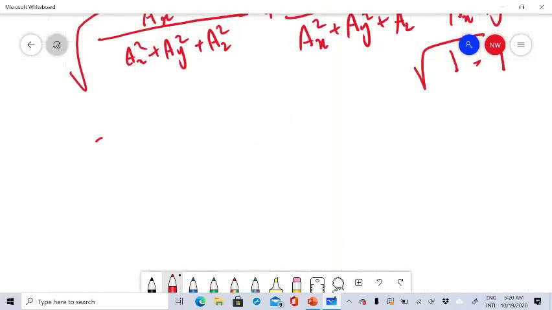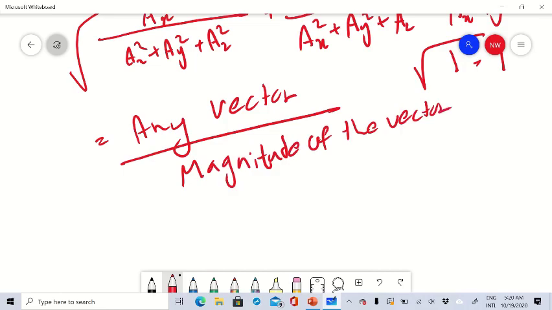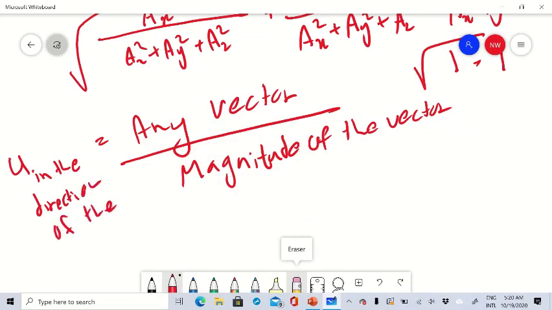So any vector divided by the magnitude of the vector is the unit vector in the direction of the vector, right?